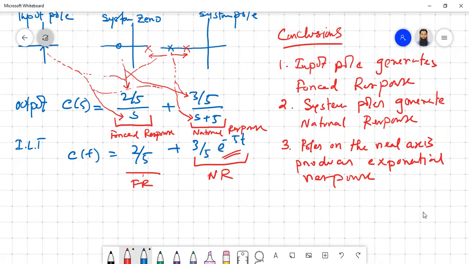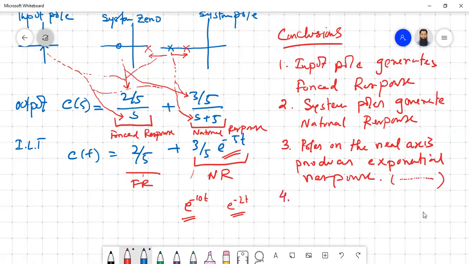Say e to the power minus 10t will be faster in decay, but e to the power minus 2t will be slower in decay. So you can add here that the farther away from the imaginary axis, the faster the response is.